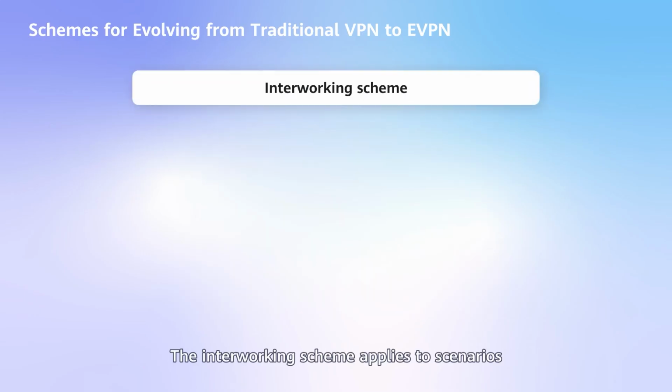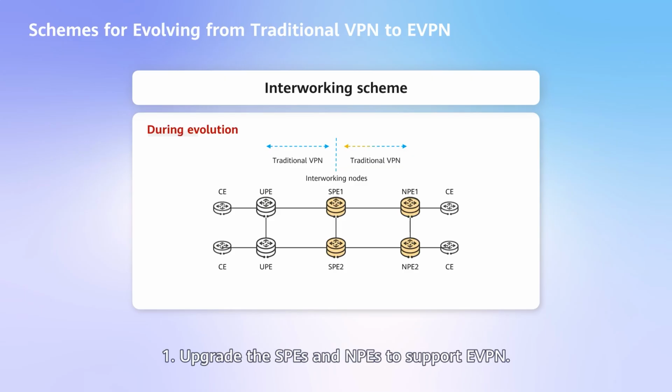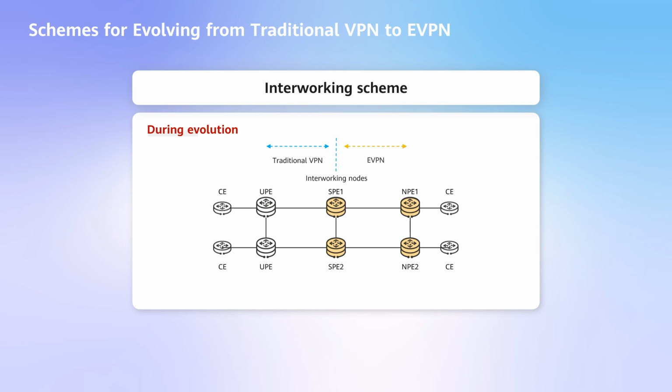The interworking scheme applies to scenarios where original VPN services are deployed hierarchically. The core idea is as follows. First, upgrade the SPEs and NPEs to support EVPN. Other nodes still run traditional VPN. In this case, one service endpoint runs EVPN, and the other service endpoint runs traditional VPN.